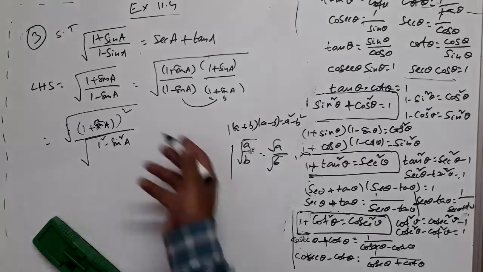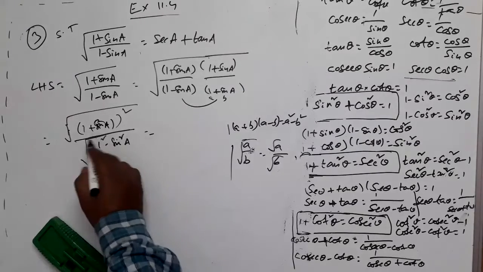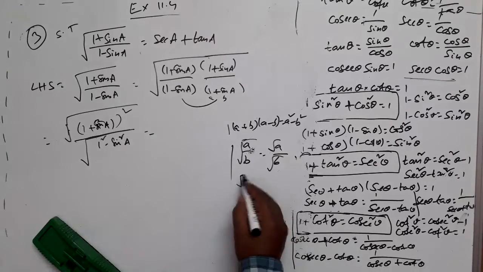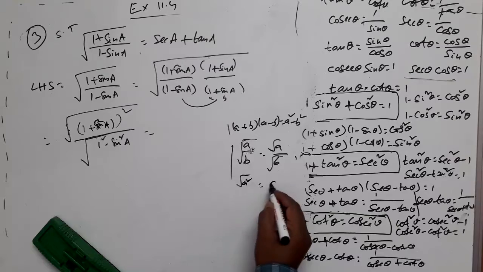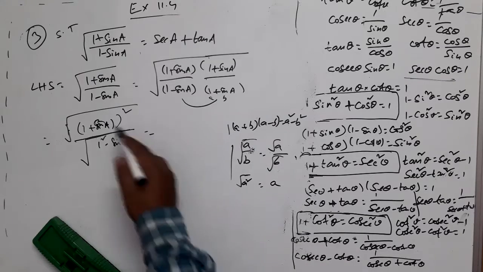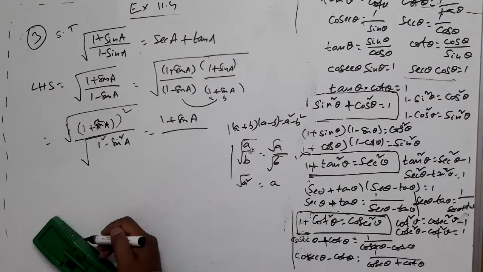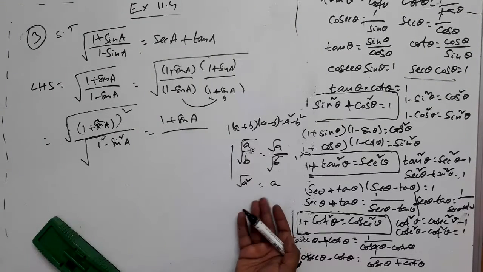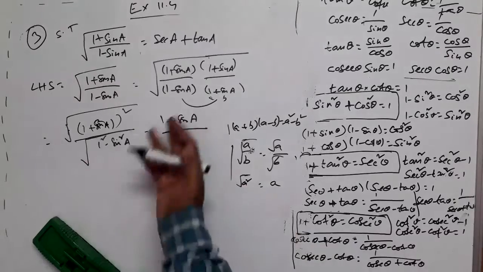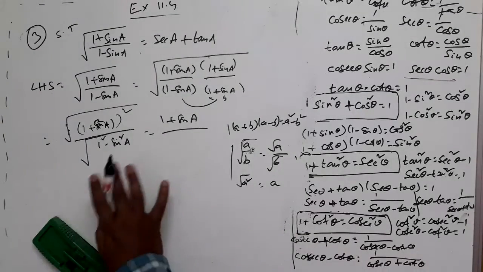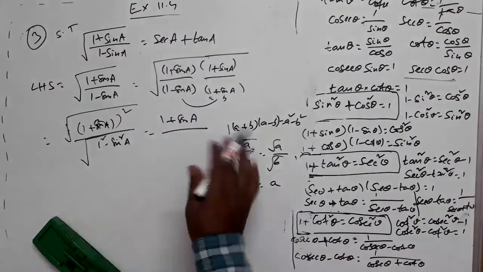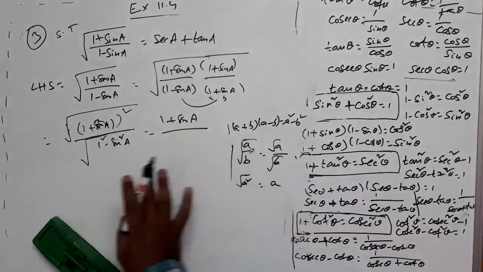That's what I have used here. Now, square root of 1 plus sin a whole square is there. Square root of a square, if I have, can I write like this? Yes. So I am writing this as 1 plus sin a by, of course, here what is the condition? A should be positive. For all these values, you can take it for granted that all are positive only, right?